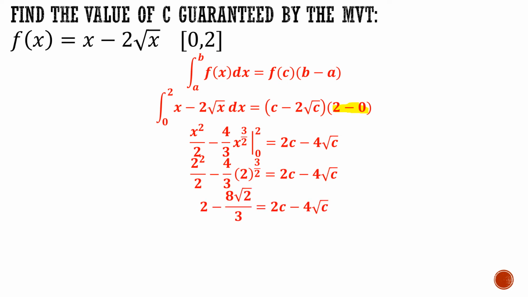So simplifying that some more, I get 2 minus 8 root 2 over 3 on the left-hand side. And then simplifying by dividing everything by 2, since everything was even, I get 1 minus 4 root 2 over 3 equals my right-hand side of c minus 2 root c. And then I would use my calculator to solve.